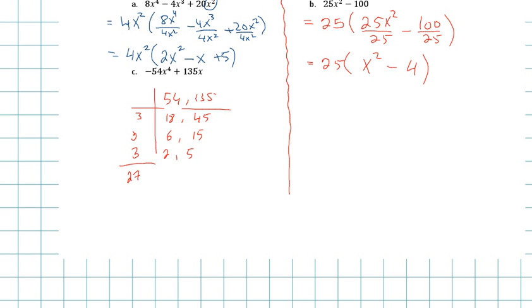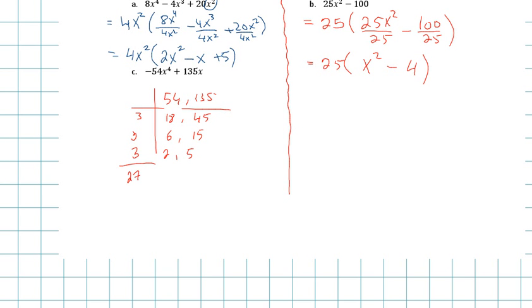Mostly prime numbers, 2, 3, and 5. 54 can be divisible by 2, but 135 you can't divide by 2, so that's why we did not pick 2. But both numbers are divisible by 3. So they divide 54 by 3, that gives you 18, and 135 by 3, that gives you 45.